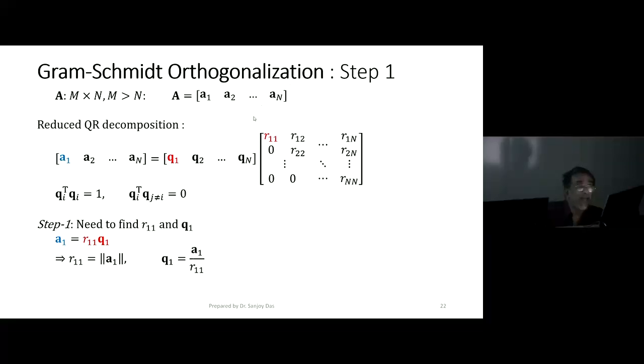Take A1, normalize it to a unit vector. A1 divided by the norm of A1 is a normalized direction unit vector along A1, but we already found the L2 norm of A1, and that's R11, so I divide A1 by R11. From A1, I got Q1 and R11. That's my first step. Any questions?